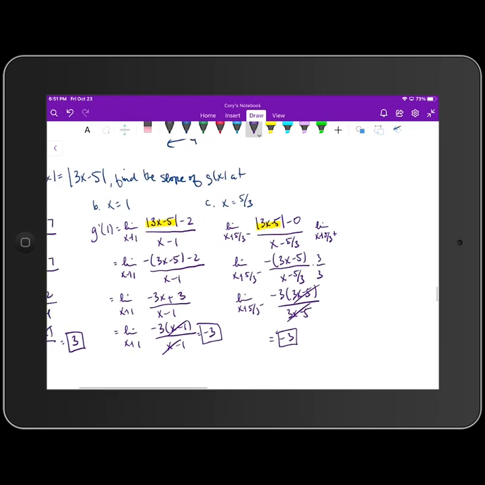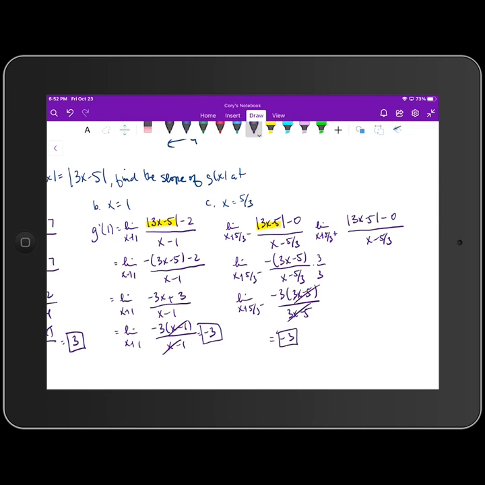Let's do the same thing for the right-hand limit. So the limit as x approaches 5/3 from the right is going to be g of x, which is the absolute value of 3x minus 5, minus g of 5/3, which is 0, over x minus 5/3.